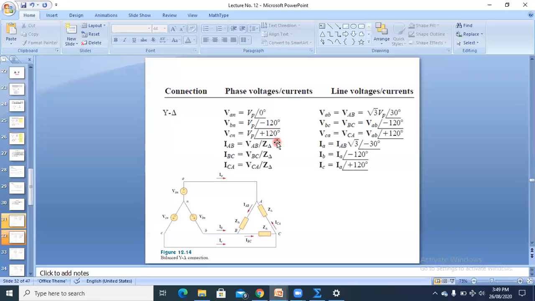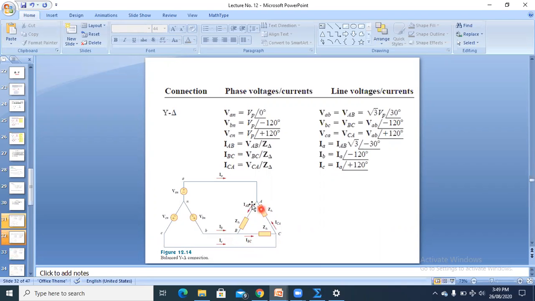Now, from these line voltages, we calculate the value of the phase currents IAB. This current IAB is the phase current, and this IBC is the phase current, and this ICA is the phase current. So the load is delta connected.